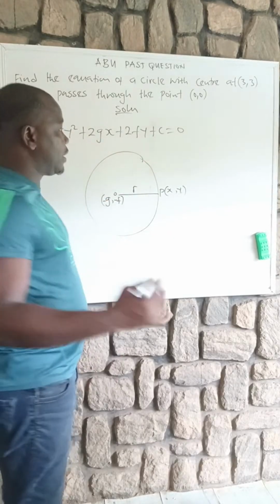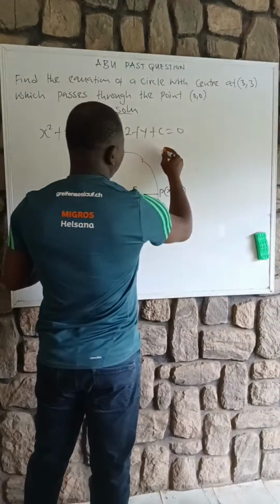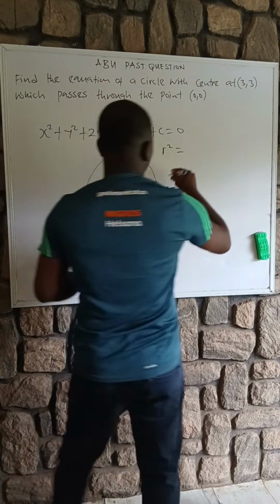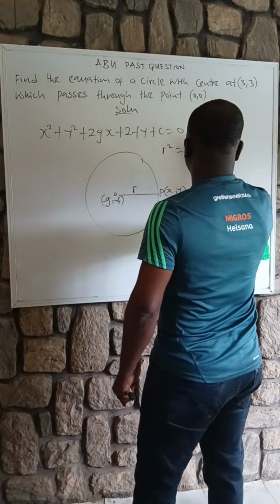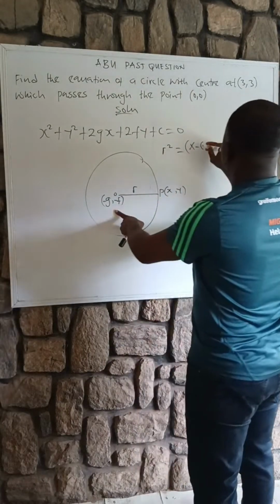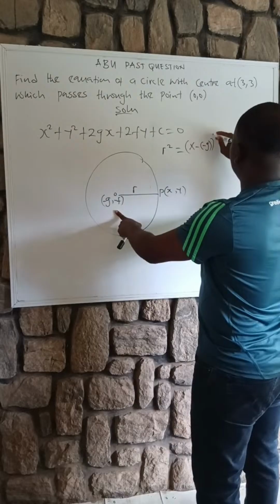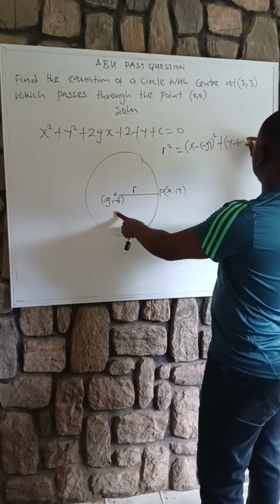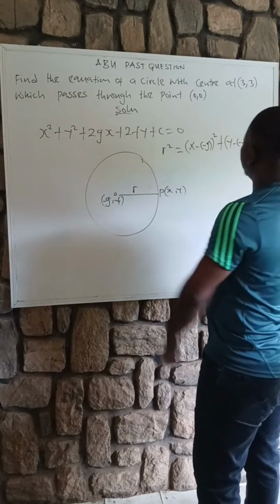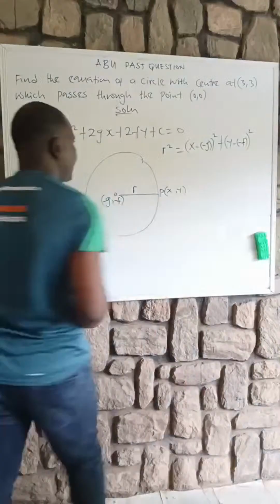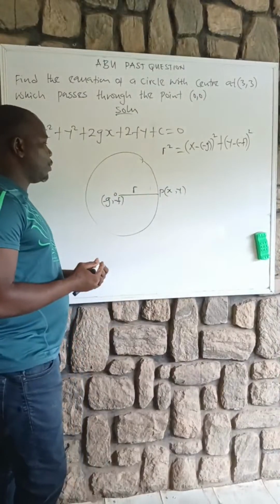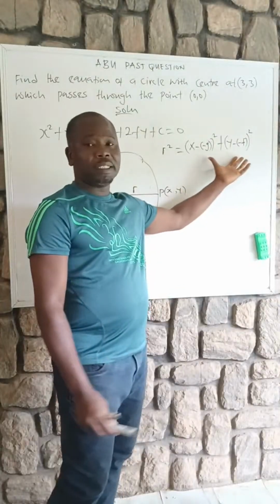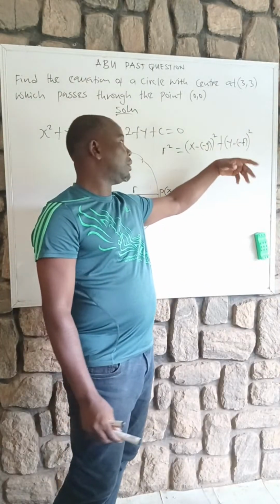By the time we apply Pythagoras theorem, that is r squared is equal to (x minus (minus g)) all squared plus (y minus (minus f)) all squared. Can you see now? We apply Pythagoras theorem to give us this, after expanding.